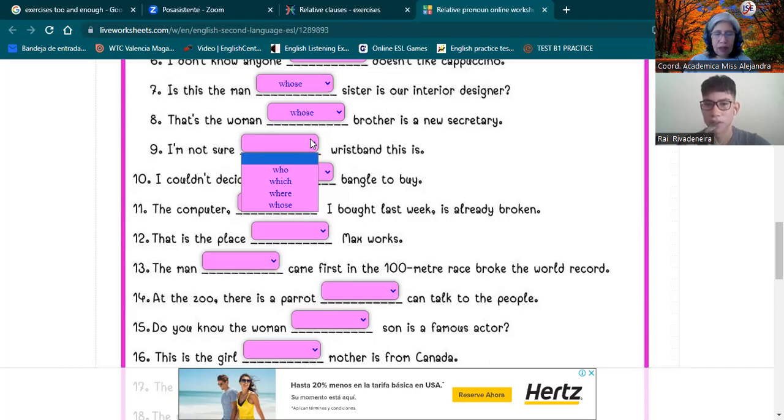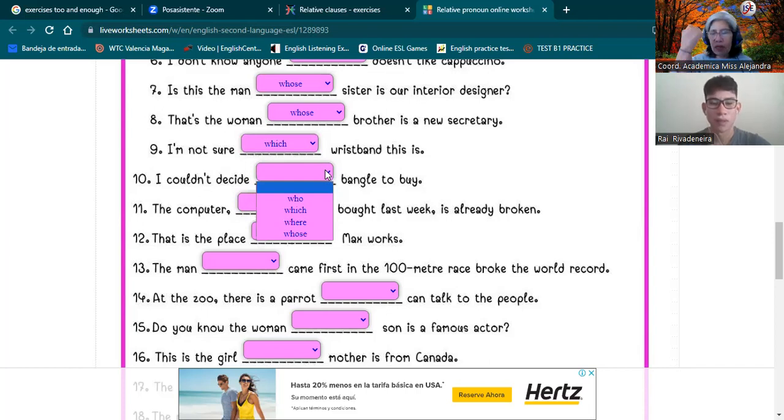Okay. Which we couldn't decide bangle to buy. En este caso es una bandana, una pañoleta.